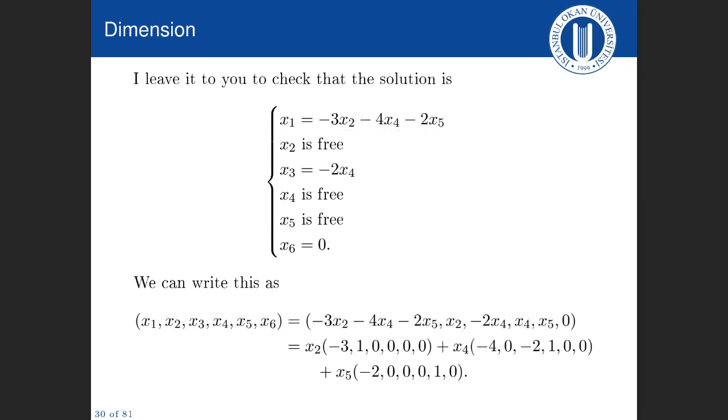And we can write this as x2 multiplied by the vector minus 3, 1, quadruple 0, plus x4 multiplied by the vector minus 4, 0, minus 2, 1, double 0, plus x5 multiplied by minus 2, triple 0, 1, 0. In other words, every solution of the linear system can be written as a linear combination of these three vectors.